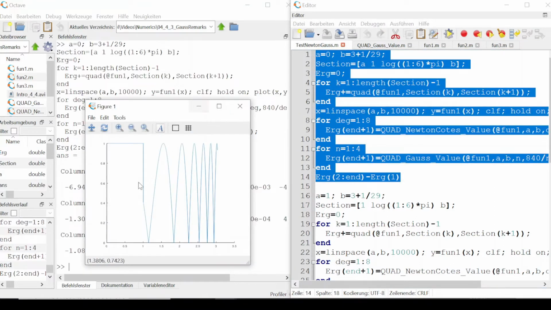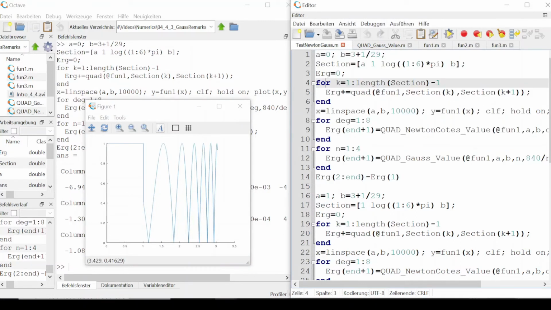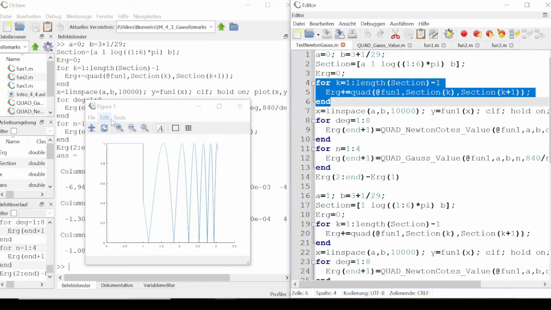And here is our function, constant 1, then a jump, and then this function with a lot of kinks at these positions. And so our correct integration value we get by first integrating from 0 to 1, then from 1 to 1.2, then from this kink to that kink, and so on. This is what we do here.